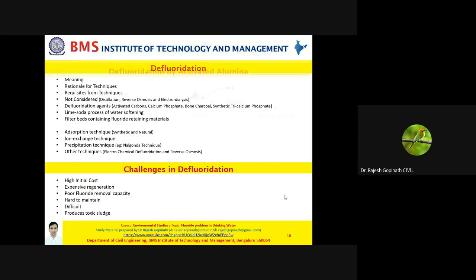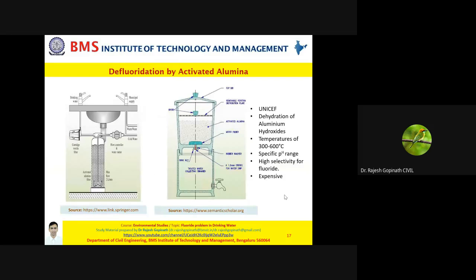Okay, let's move further. Now, when you speak about defluoridation by activated alumina, this is a technology which was introduced by UNICEF. Here it's an expensive technology, but yes, it has very high selectivity when it comes to fluoride removal. But please understand that this requires a very high temperature range for operation, stretching up to 600 degrees Celsius.